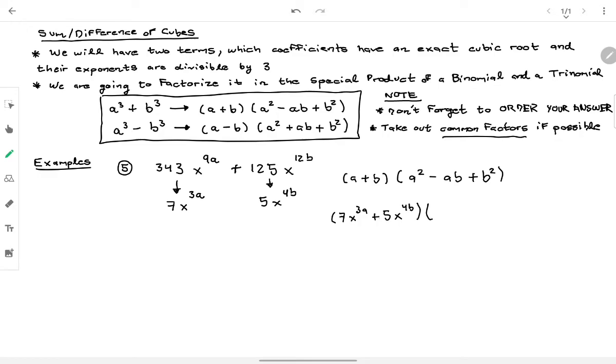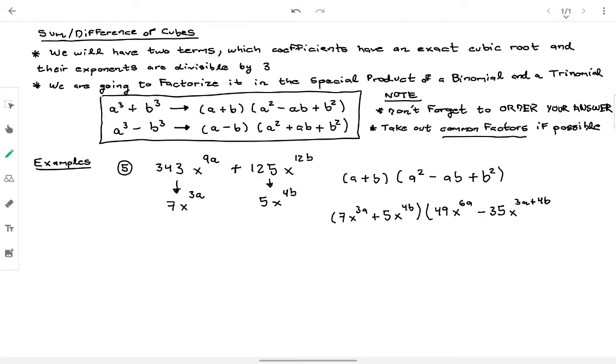And in the other parenthesis, it's going to be 7 times 7, it's 49, x 3a squared, multiplied by 2. 3 times 2, it's 6a. Then it's going to be 7 times 5. It's going to be 35. Here it should be negative. Minus 35 x. Then the exponents get added. In this case, I need to put it like this because it's not possible to join a and b.